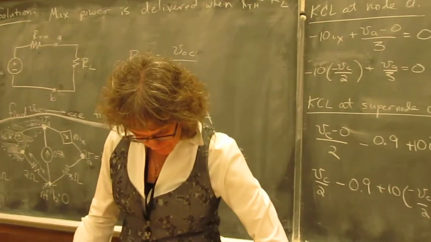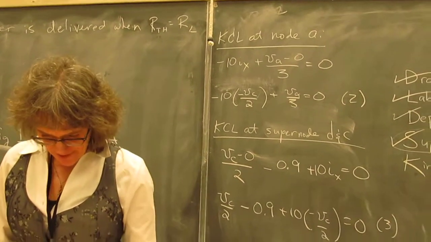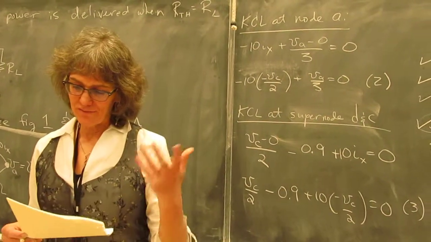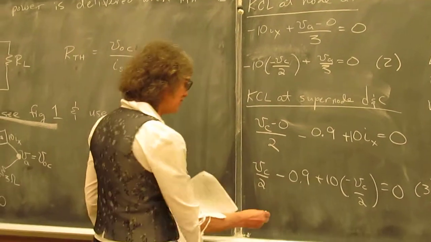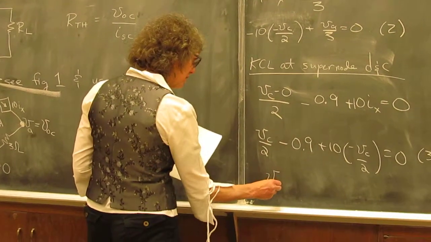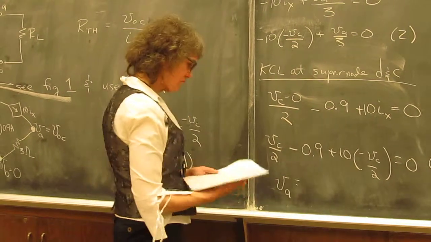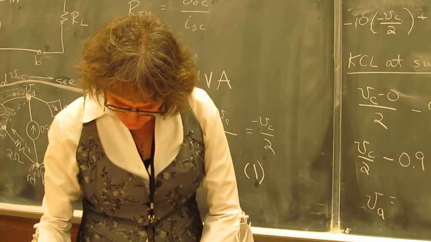I am not going to do that in front of you. And honestly, I do not look at that work on your test. I'd suggest, if you're not in my class, I don't know what Keith does, but you know you've got 3 equations and 3 unknowns anyway. It does turn out that VA is 3 volts.